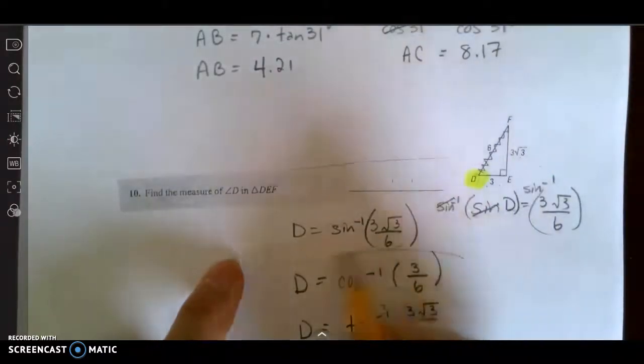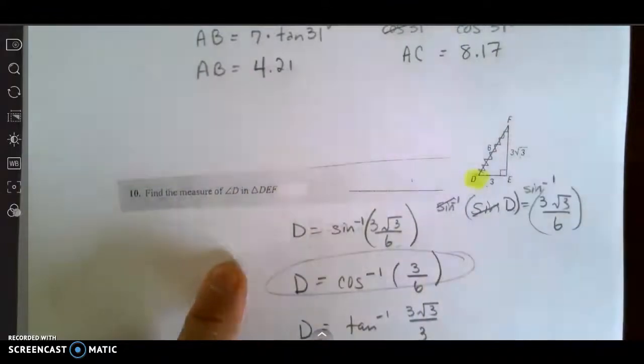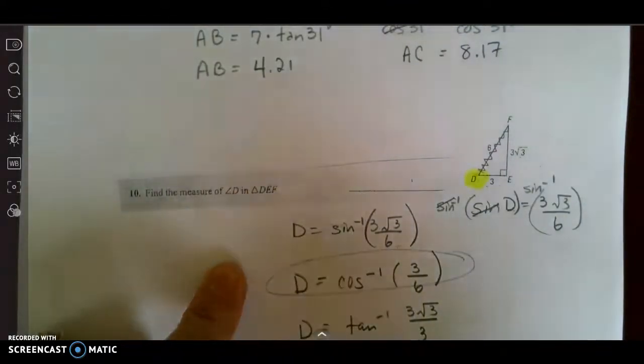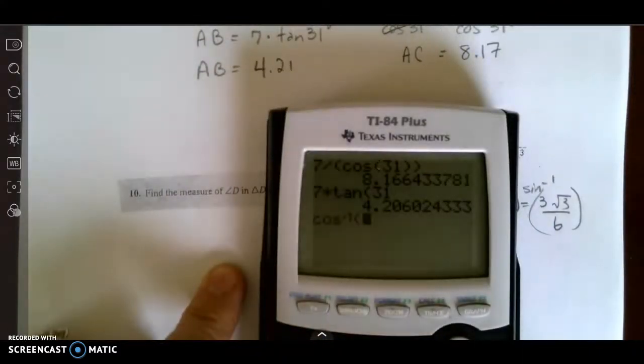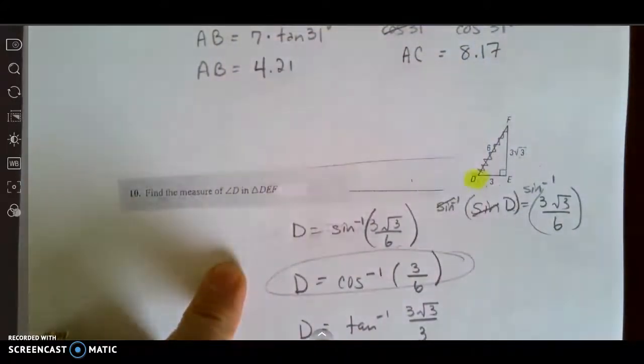I'm going to do this one. This one just looks like the easiest one to type in. And so I'm going to do inverse cosine of, I know that 3 over 6 is a half, and I get 60 degrees.